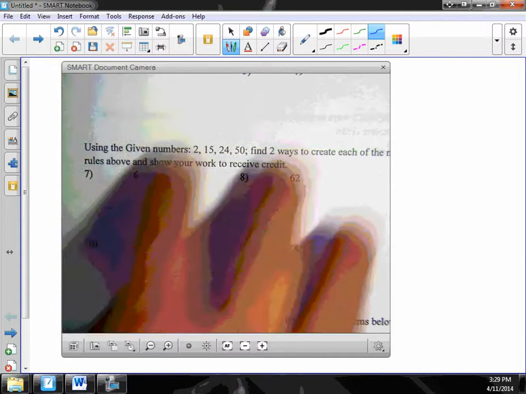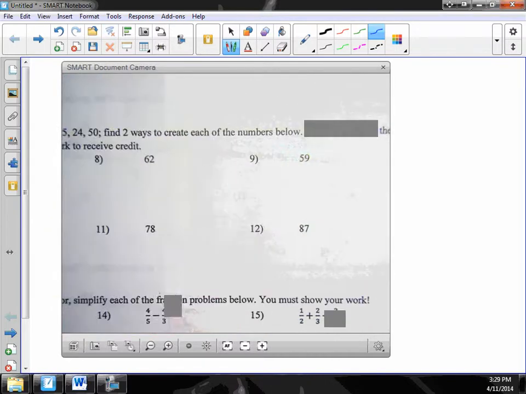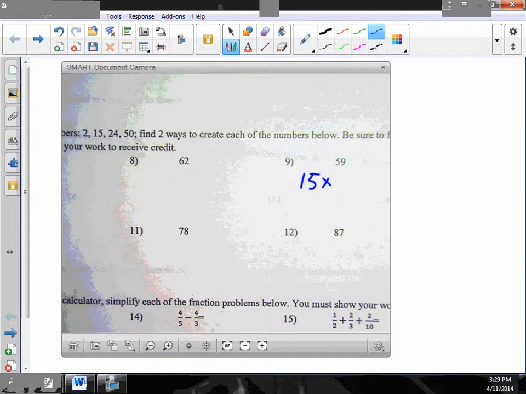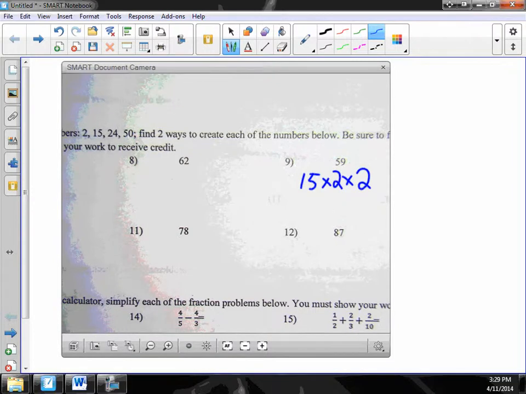Look at number 9. 59. Oh, I can't see my numbers. 15 times 2 is 30 times 2 is 60. And if I subtract 1 from 60, I get 59, but I don't have a 1. But I can create a 1 if I add 2 over 2. So that would be 59.